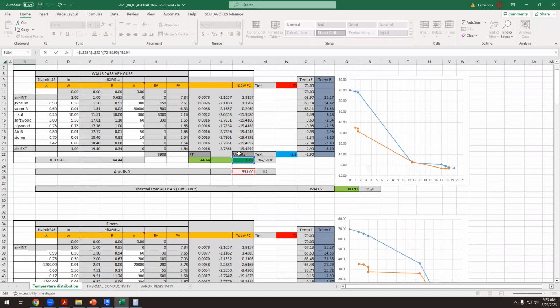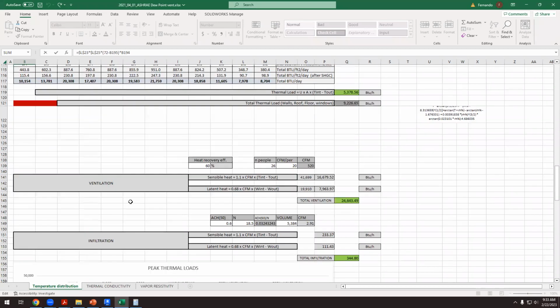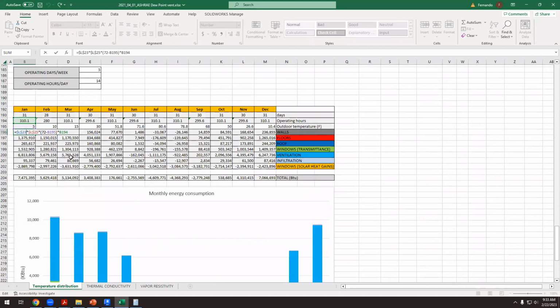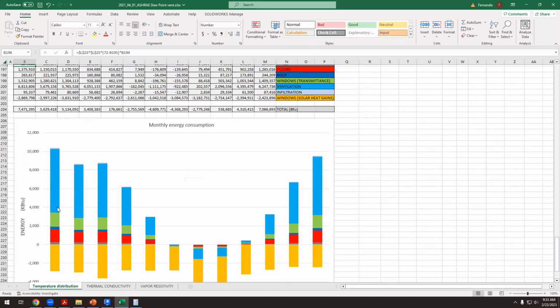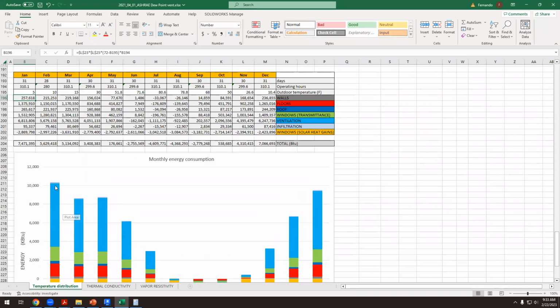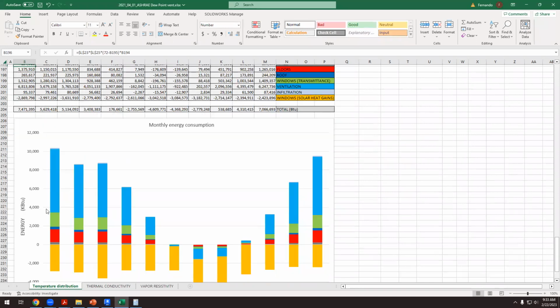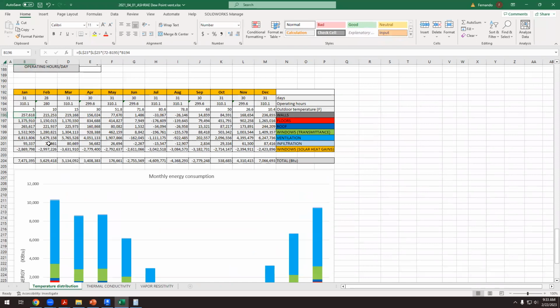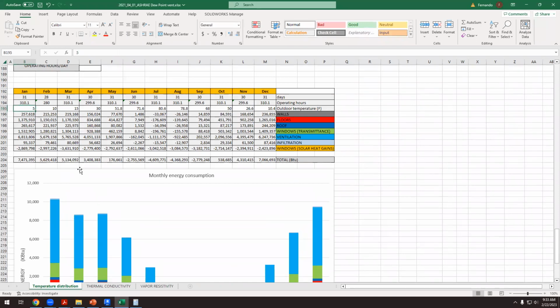Here we have the U value of the walls and the area of the walls. But now it's not indoor minus outdoor temperature, it's the indoor minus the average temperature that we have found here, because we have to multiply this times the time of the day. So that would be the average temperature in January.